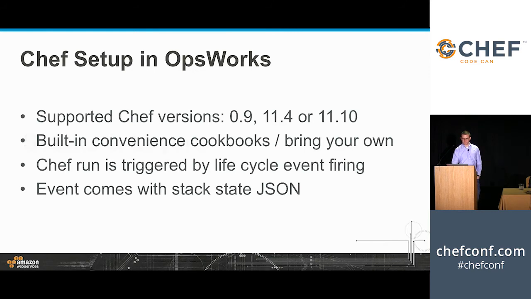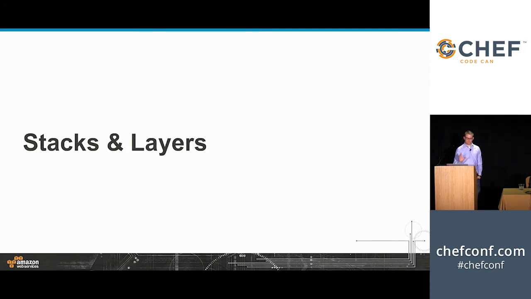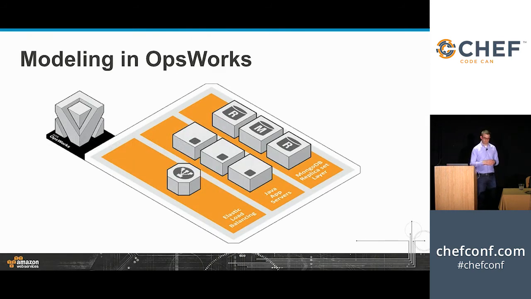Before we dig into that, I need to explain to you a little bit how you model things in OpsWorks. In OpsWorks, we have what we call stacks and layers, and those are our main modeling concepts. So a stack is a system, like you would have a stack for project X production, and then a different stack for the staging system and a different stack for a different project and so on.